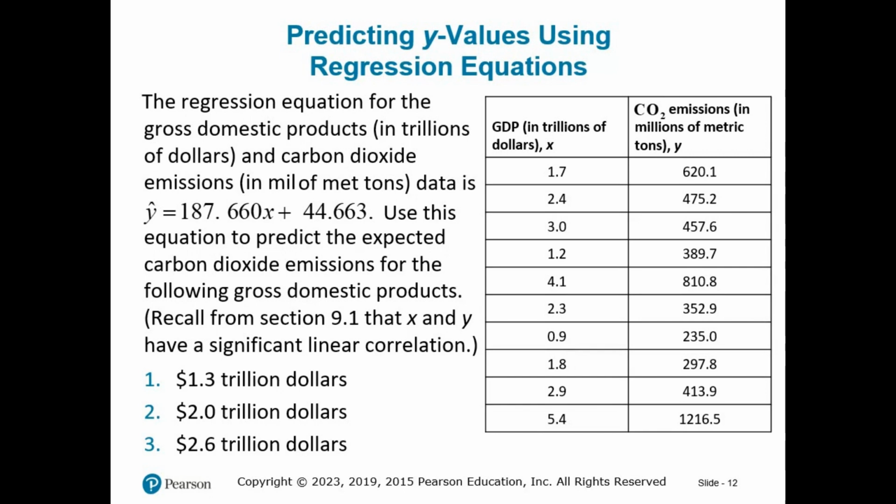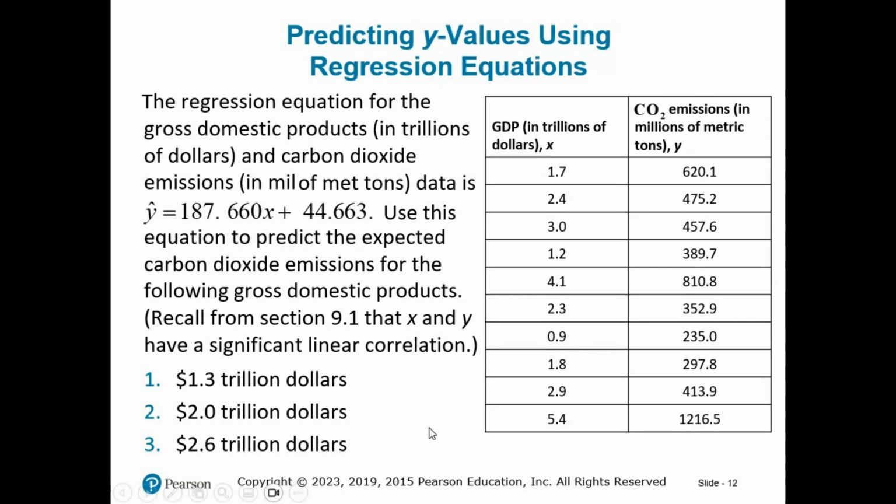The regression equation is only meaningful for values within the range of what has been observed and recorded before. I can't go below 0.9 or above 5.4, but anything else within that range that I haven't already observed specifically, I can put in an x value and predict a y value for that x.